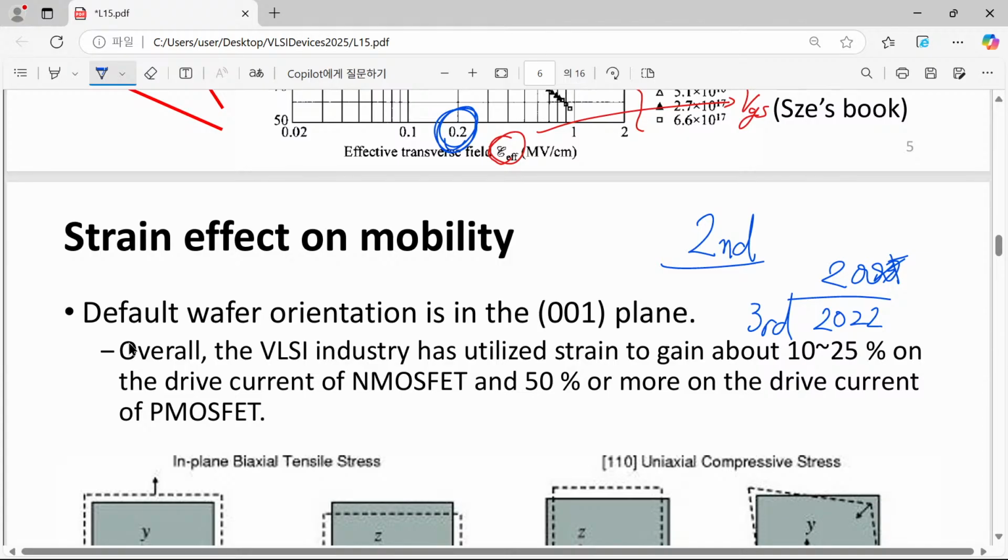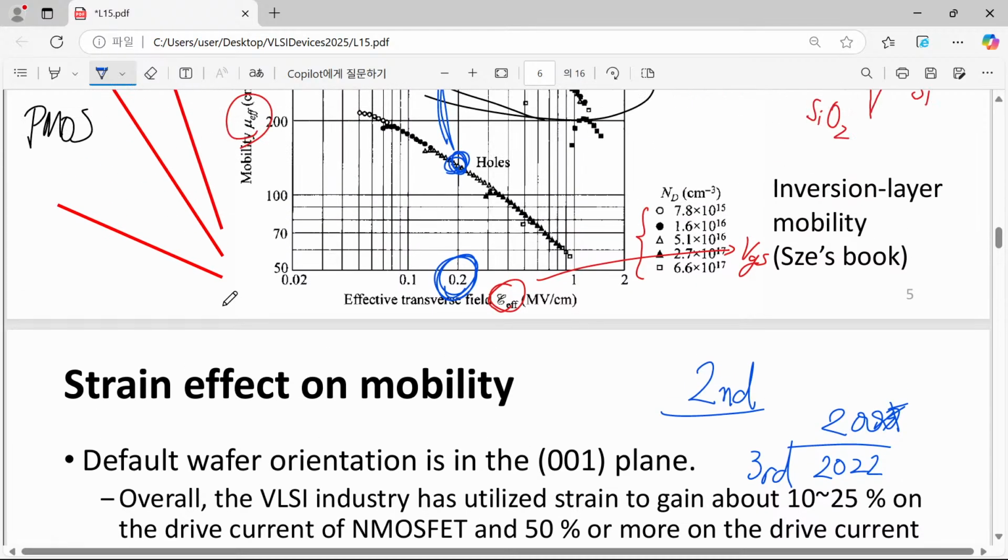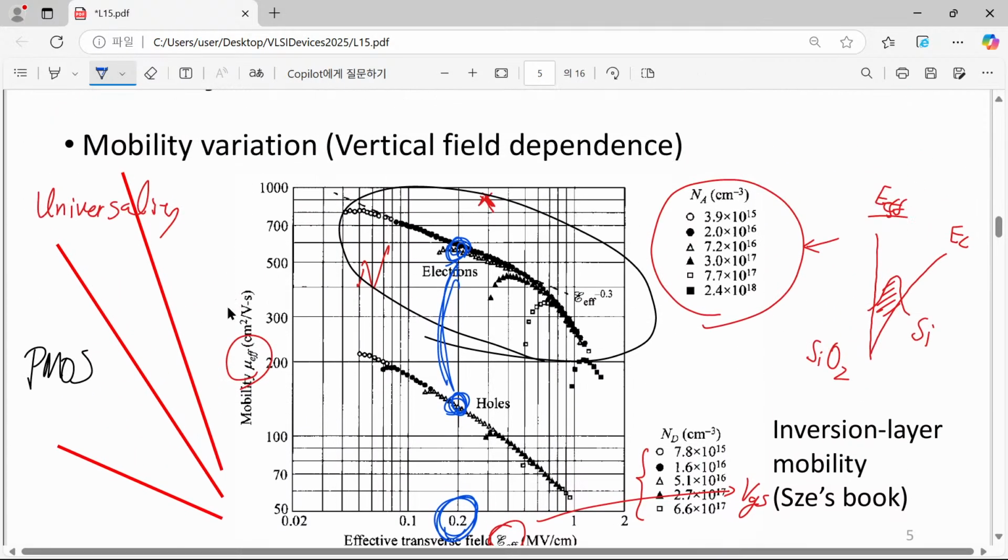At that time, stress engineering was in its infancy, but now we are heavily relying on the strain effect. Simply speaking, this universality holds for a certain material called relaxed silicon. Relaxed silicon means that we do nothing to our silicon substrate, just leave it there, and it shows this kind of performance.